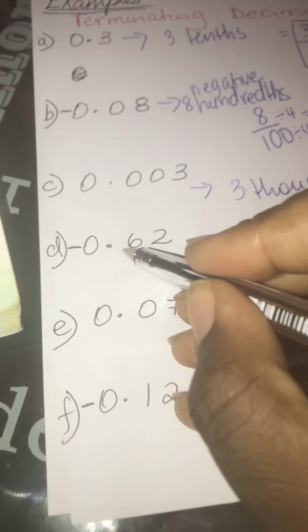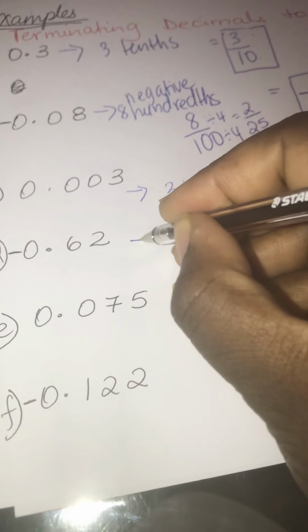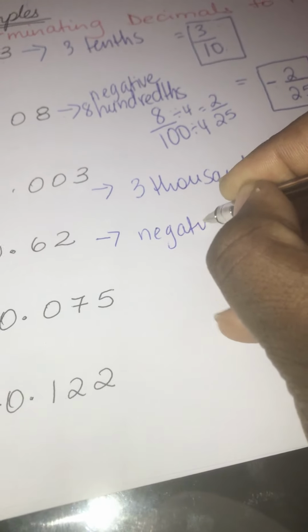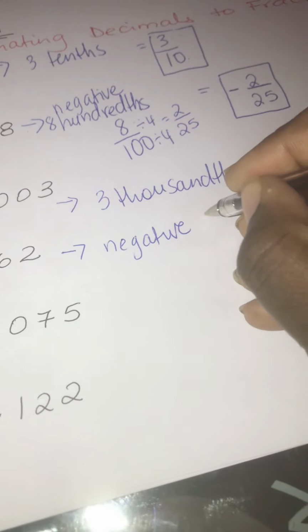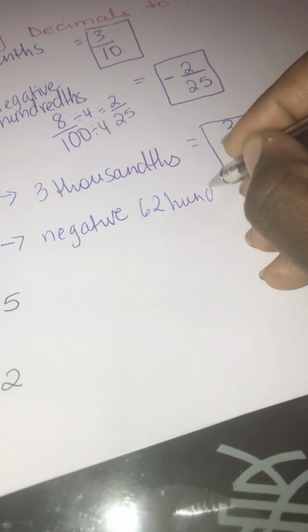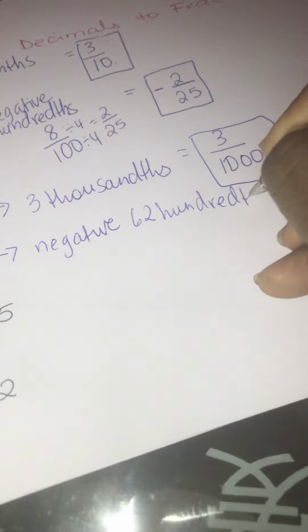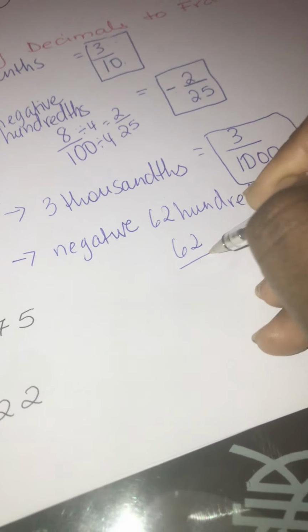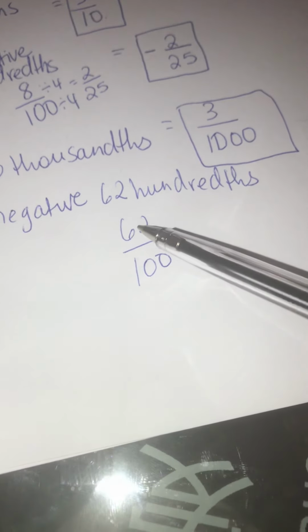Okay, then I start. This is 62 hundredths. So negative 62 hundredths. So that will be 62 over 100. Okay, then I simplify.